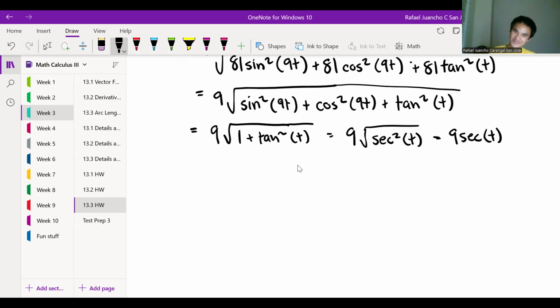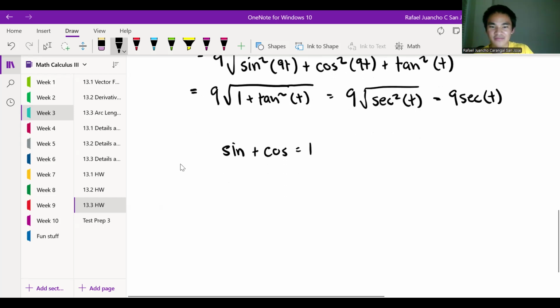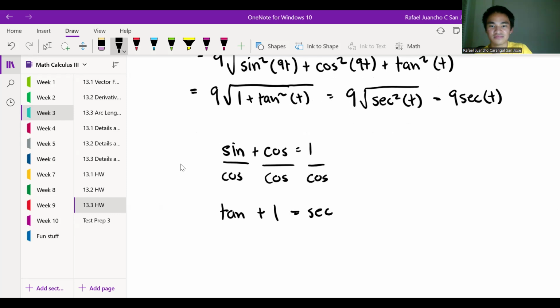And this is just secant t. So that's really clean. Okay. Right? Because sine squared plus cosine squared is 1. If I divide everything by cosine squared, I get tangent squared plus 1 equals secant squared.